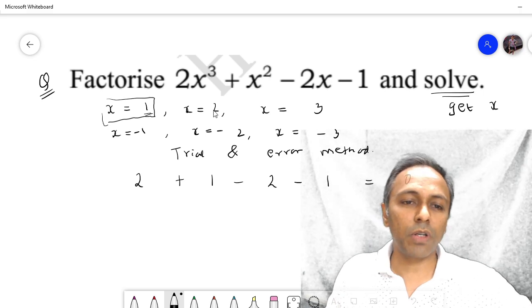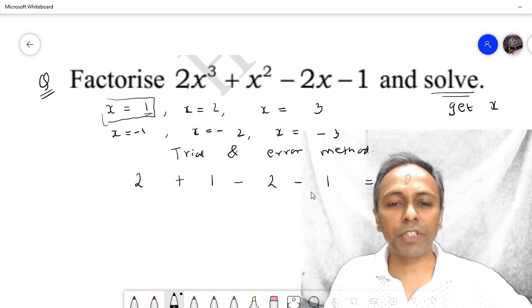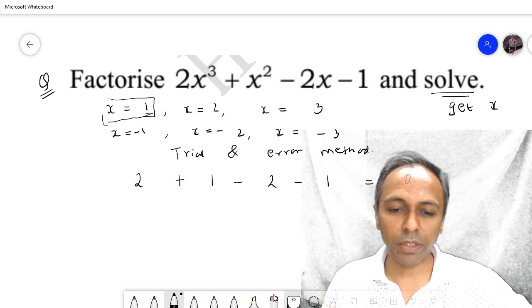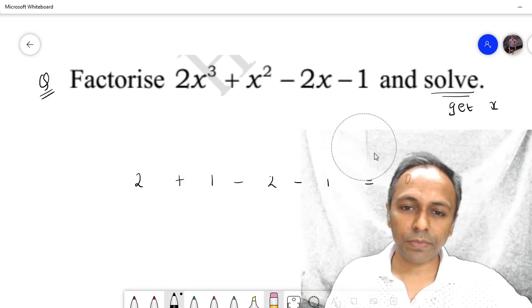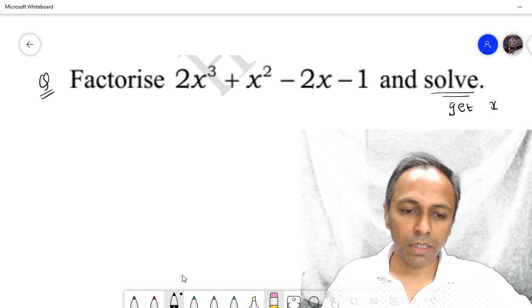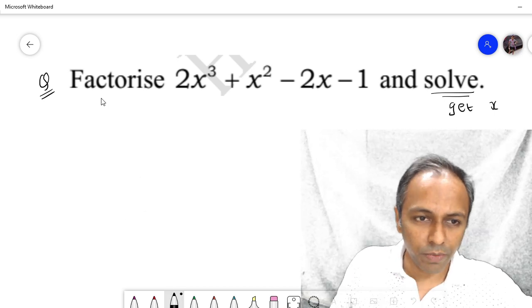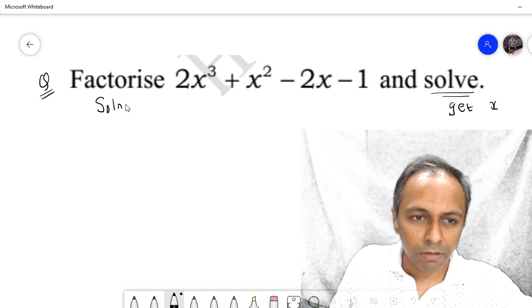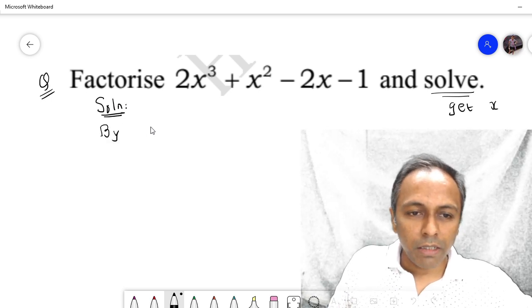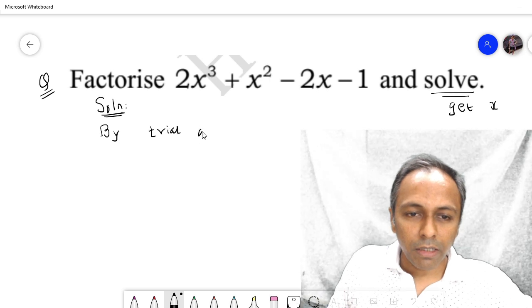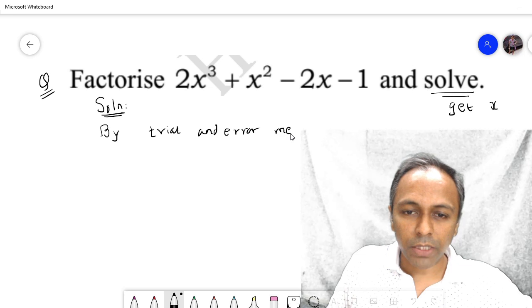So before we actually begin to solve, you check in rough work which value is fulfilling the polynomial. Let's begin the solving. Right, if you are solving along with me, you can write by trial and error method.